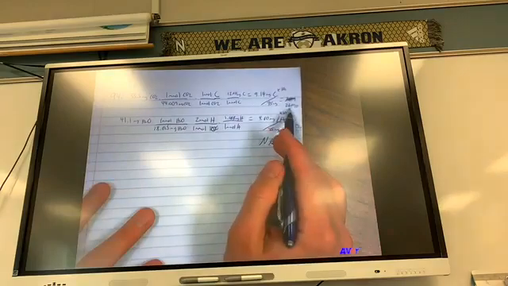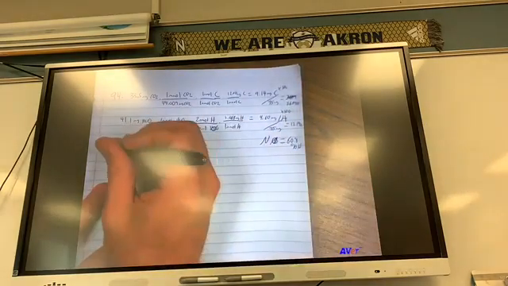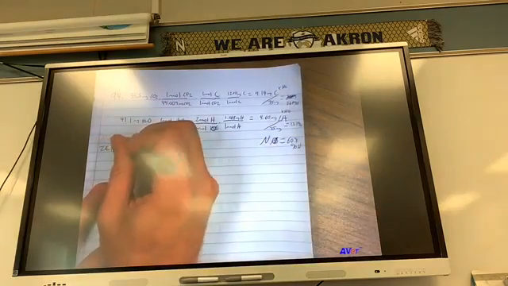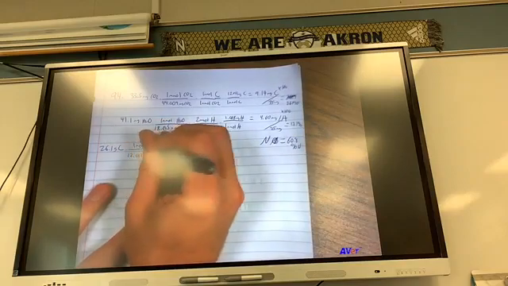So the way I did it, I did percents. So I got 26.1 grams of carbon times 12.011 grams of carbon in 1 mole of carbon.